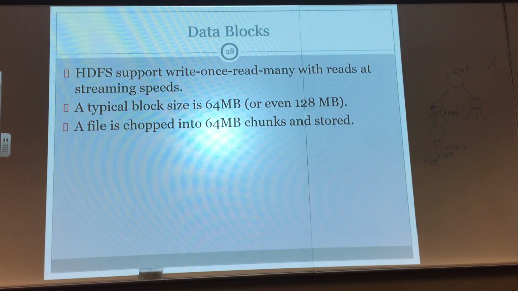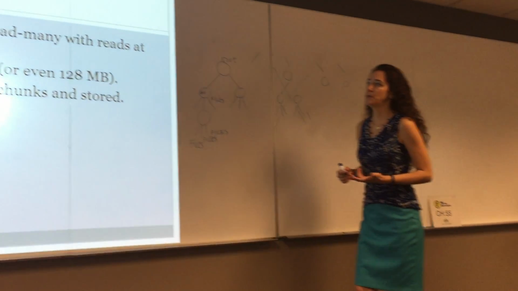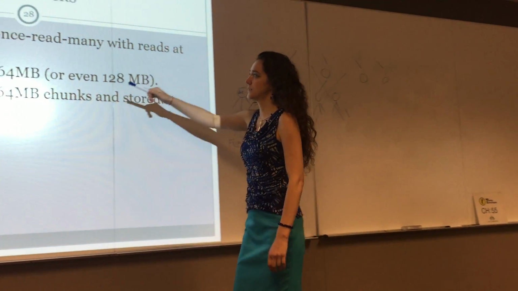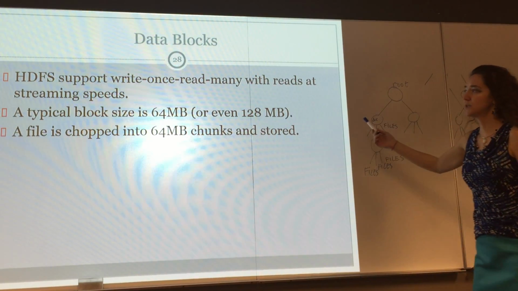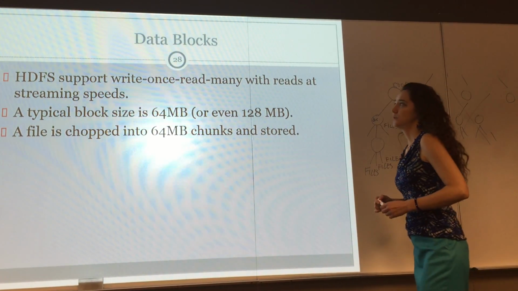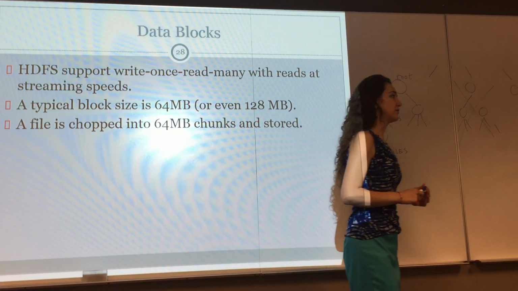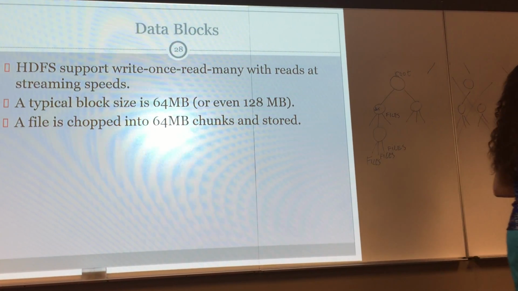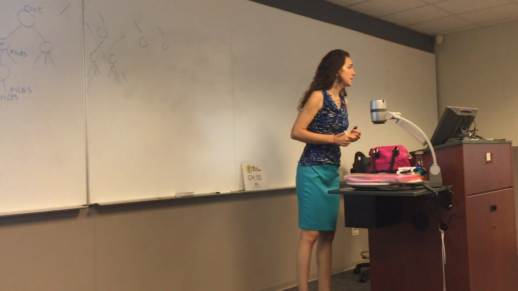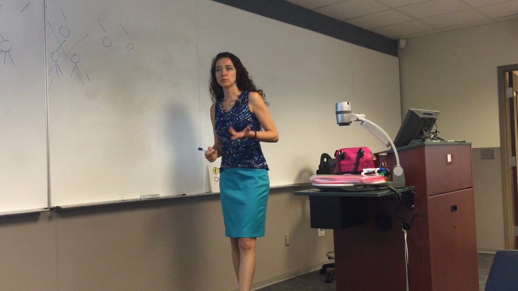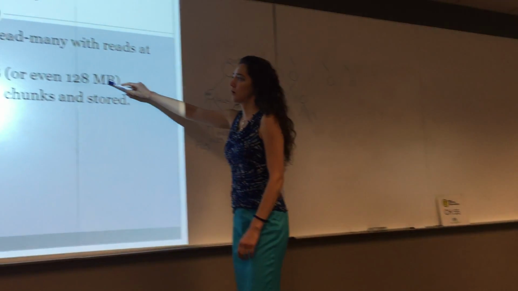When we said that this particular file system is designed for streaming data, we mean write once and read many times at streaming speeds. The block size, we said, is 64 megabytes. The optimal size is 128 megabytes, when they were trying to improve the seek time, and that came out to be the best size of the block.